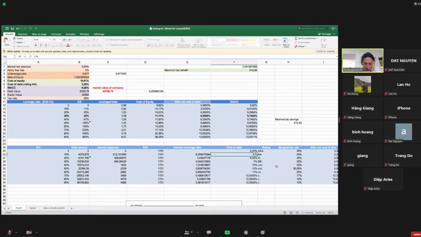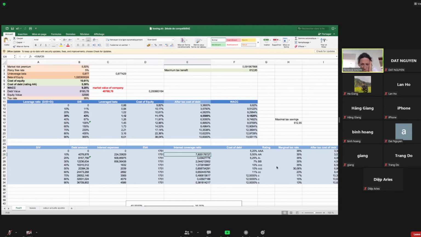Of course, with 5.5, the interest expenses will increase. So now we have 224. And then the interest coverage ratio decreases, so it is equal to 7.8.